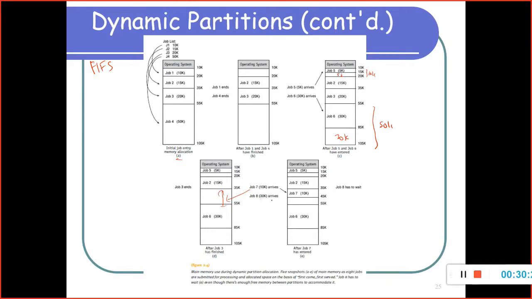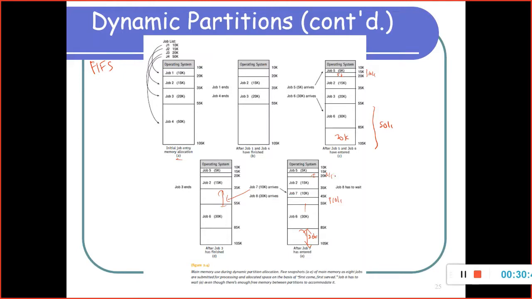Job 8 is 30K. So there is no 30K of available memory. This is 20K, sorry. This is 5K. This is 10K. So job 8 has to wait.